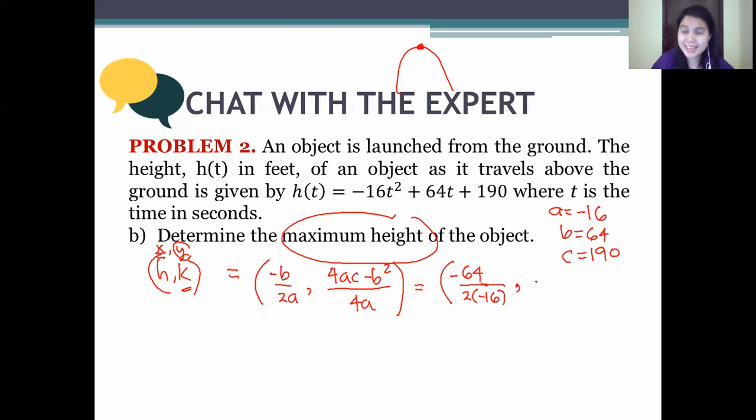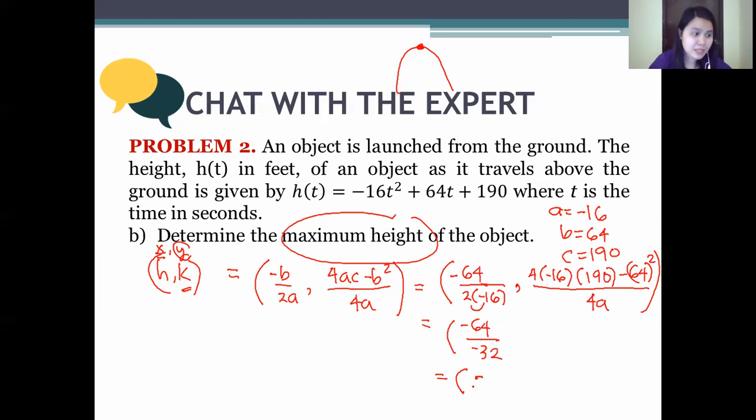For our k, we have 4, negative 16 for a, for c, 190, minus 64 squared, all over 4a. We have negative 64 over 2 times negative 16, which is negative 32. So the answer will be 2 for h.